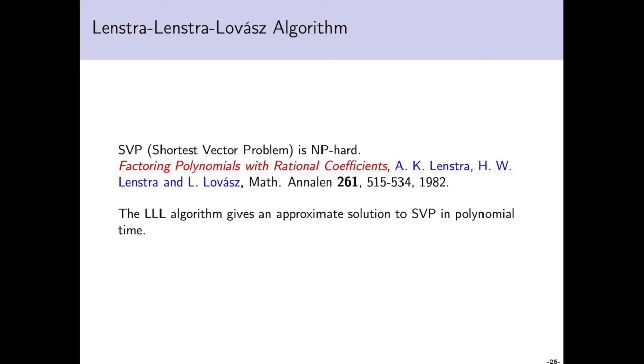So it was a very important result when, in 1982, Arjen Hendrik Lenstra and Laszlo Lovász proposed an algorithm that gives an approximation solution, meaning a fairly short vector, in polynomial time. And since then, this algorithm has had many important applications.